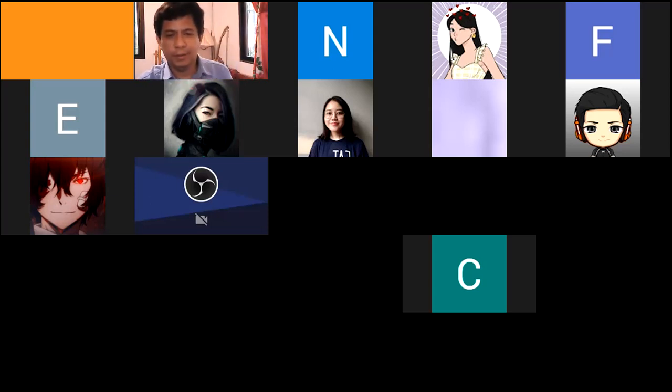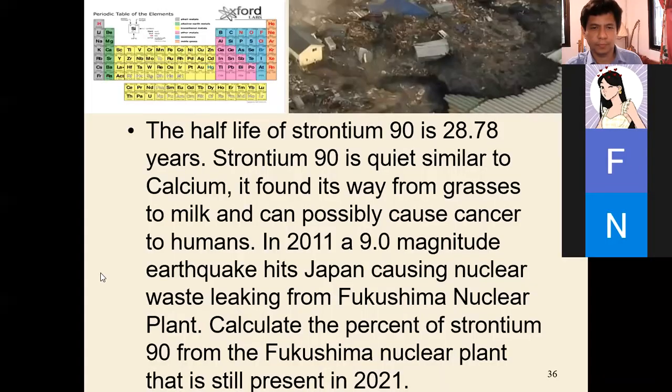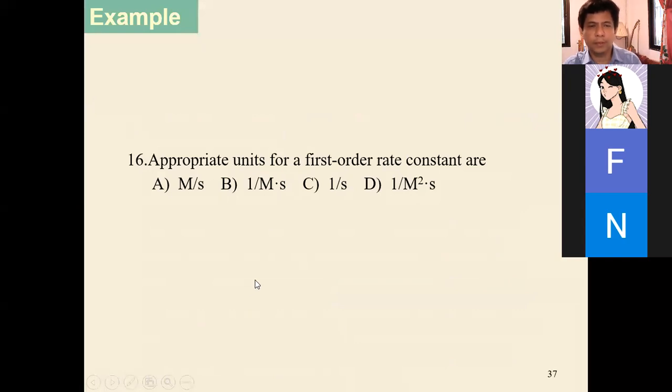So let's try to solve more first order problem. Let's share my PowerPoint again. Okay. The appropriate unit for first order rate constant are, nani po to kanina.